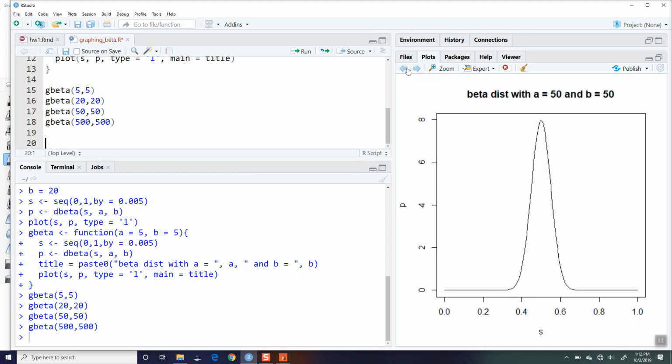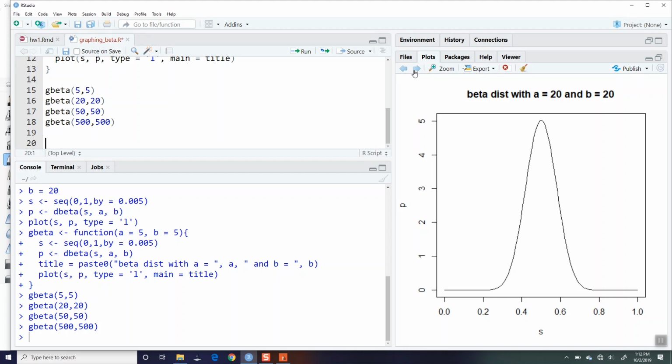Whereas if we drew only 40 marbles total, where 20 are red and 20 are blue, we would also think that the most probable proportion is 50% red and 50% blue, but we're a little bit less confident, and so we've got more spread here.